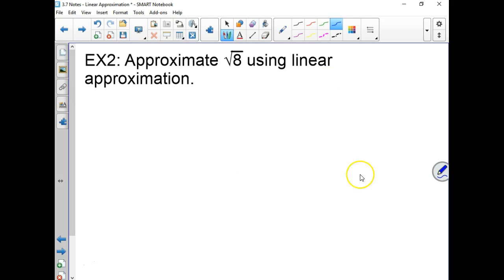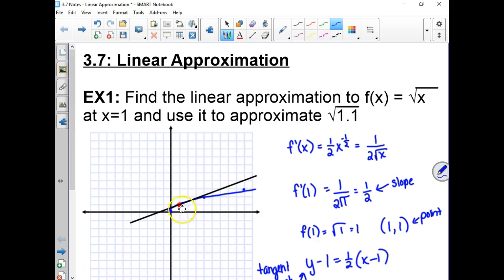You might see something like this where it just asks you to approximate the square root of 8, using linear approximation. So if I'm asked to approximate the square root of 8, I would not want to go back and use this line here because out here at 8, my line is off, right?